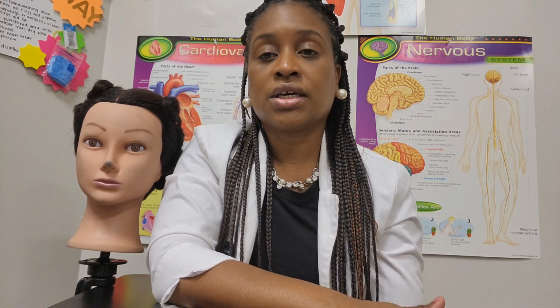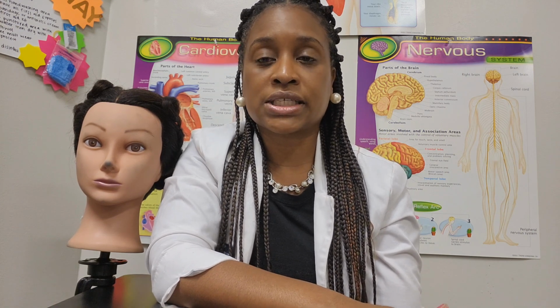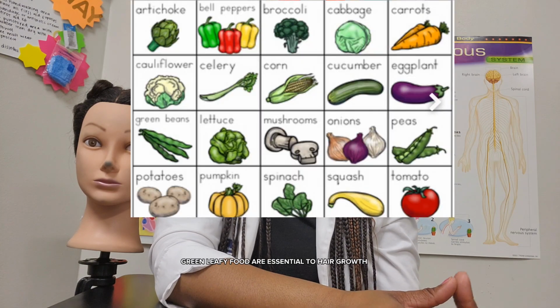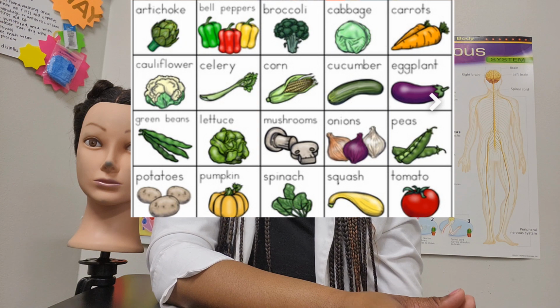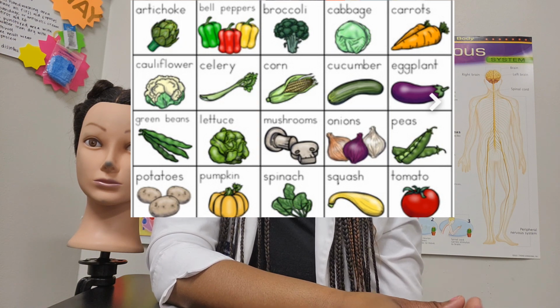And as I stated before, because our hair is supplied with nutrients and blood supply and oxygen through our dermal papilla, it is important that we have a healthy diet. So depending on what your diet is, you can encourage your anagen phase of hair growth to stay in that phase for longer than 1 year.